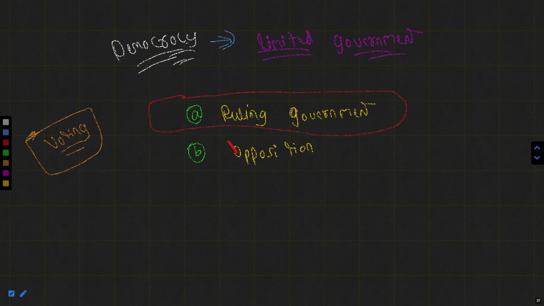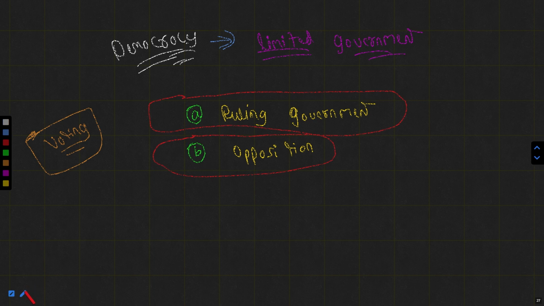And the other parties will form the opposition. All right. So that's why there is a limited government. Why? Because the ruling party is responsible to the people who have selected it, and even the ruling party has to work in accordance with the opposition. Why? Because the opposition can target the ruling party in the next election.